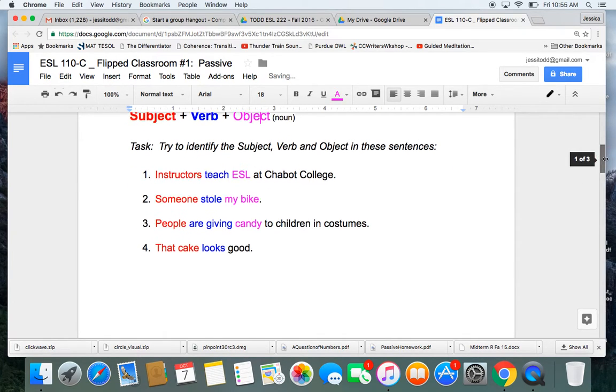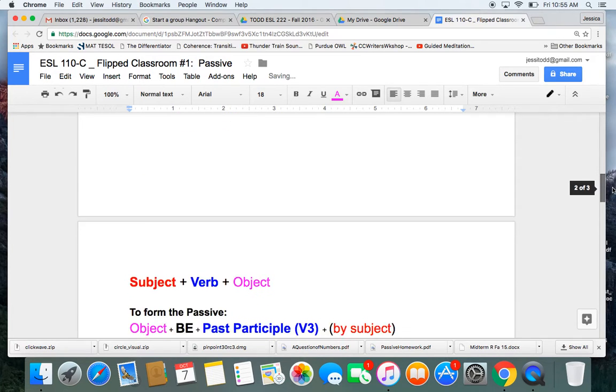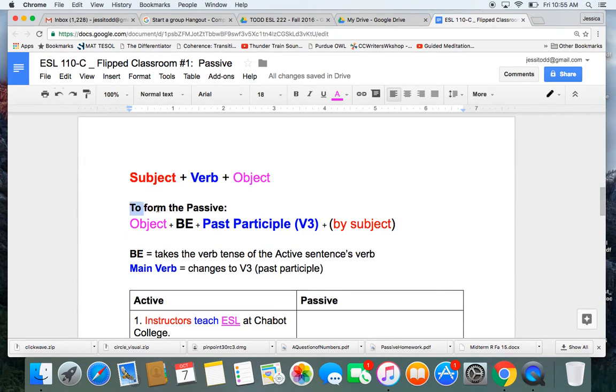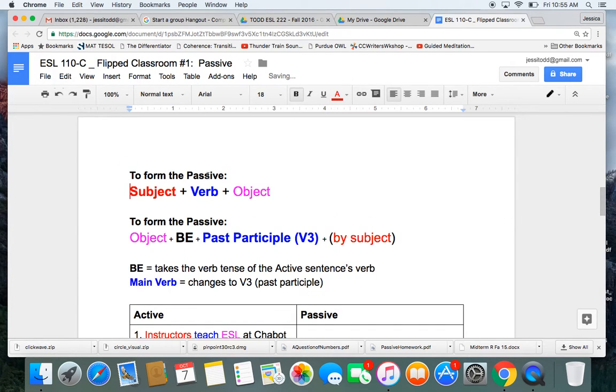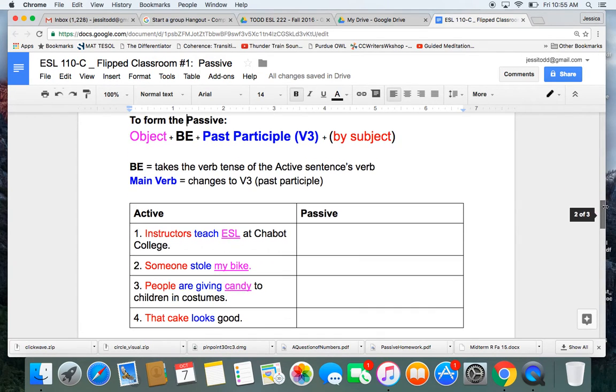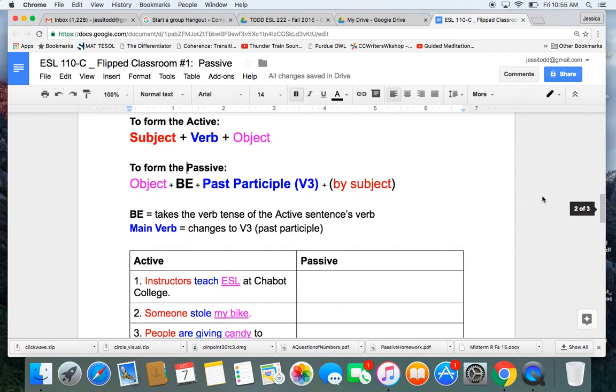Okay. Now let's compare to the passive. So I'm going to put here, this is active. And how to form the passive. So for the passive, we're going to actually move the object from the end all the way to the beginning of the sentence. Then we're going to take the subject and move it all the way to the end of the passive sentence, okay?